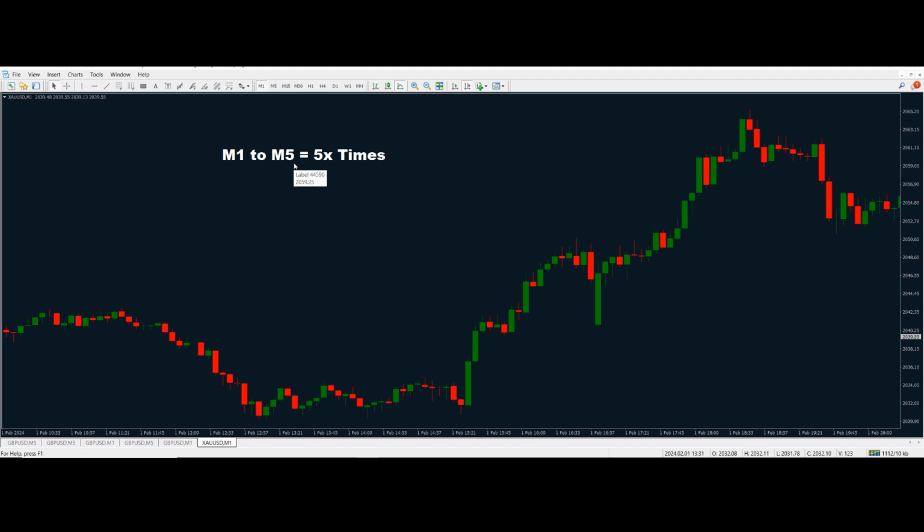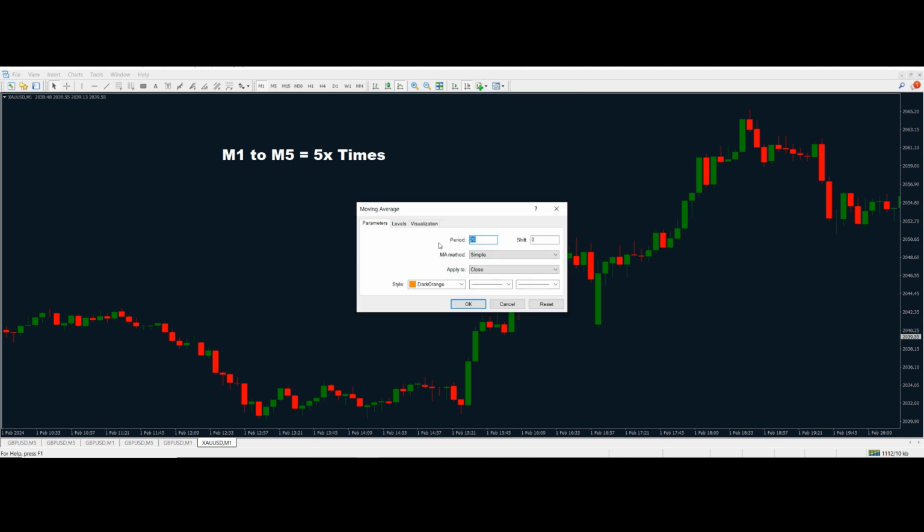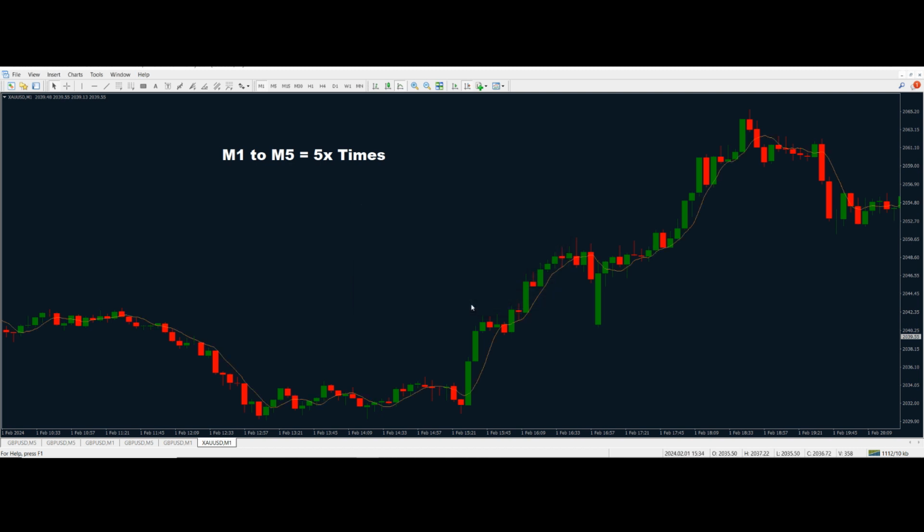Next, we will be doing a 20 period moving average on the 1 minute chart, and I will do that right away. So this is how a simple close 20 period moving average looks on the 1 minute chart.